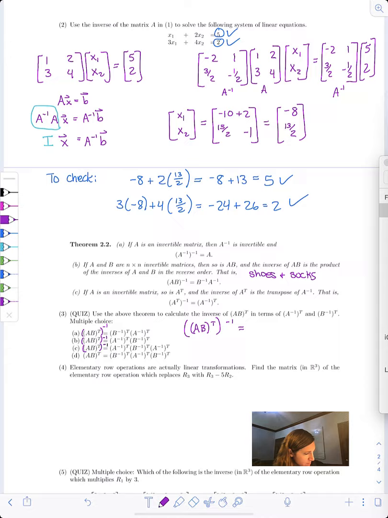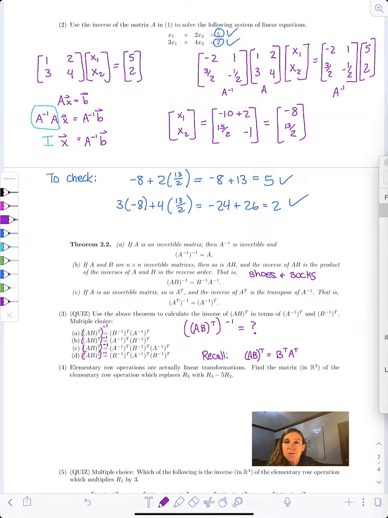I wrote that wrong. So (AB transpose) inverse equals what? My hint is use this theorem and also recall from a previous section that (AB) transpose equals B transpose times A transpose. So it's a little bit of a hint for you.